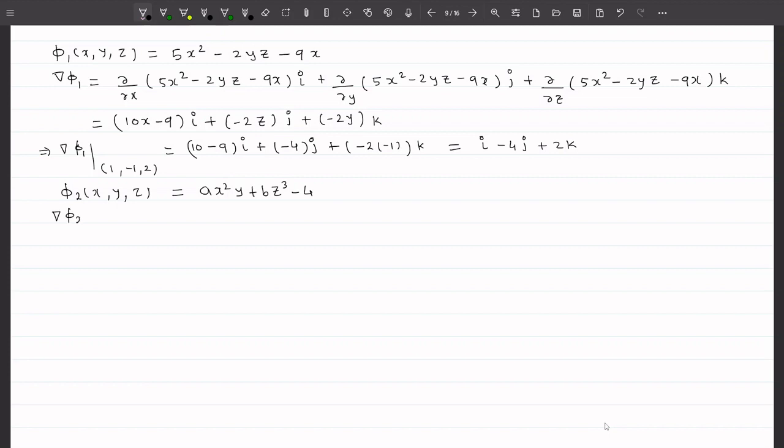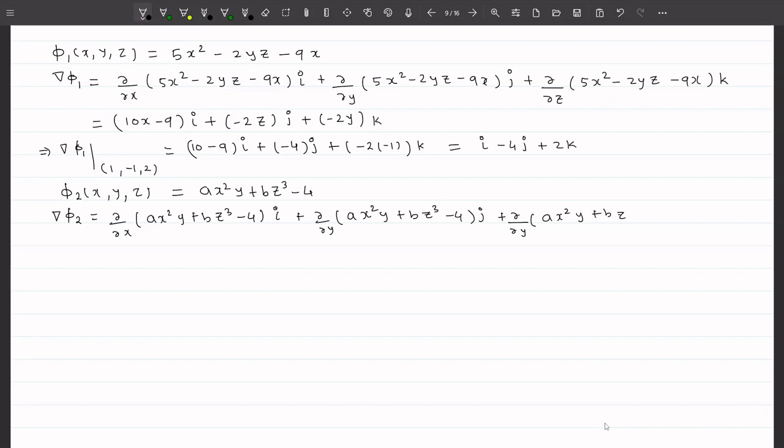So gradient of phi 2 is equal to ∂/∂x of (ax²y + bz³ − 4) i plus ∂/∂y of (ax²y + bz³ − 4) j plus ∂/∂z of (ax²y + bz³ − 4) k, right?